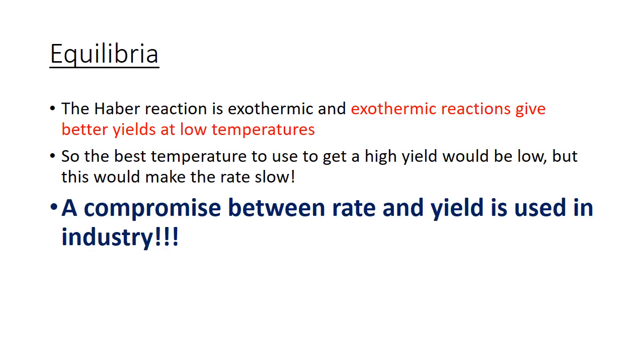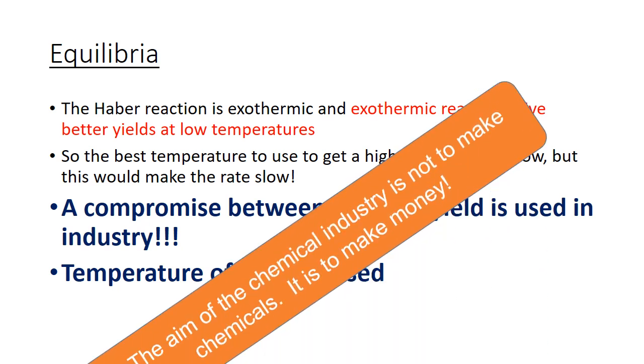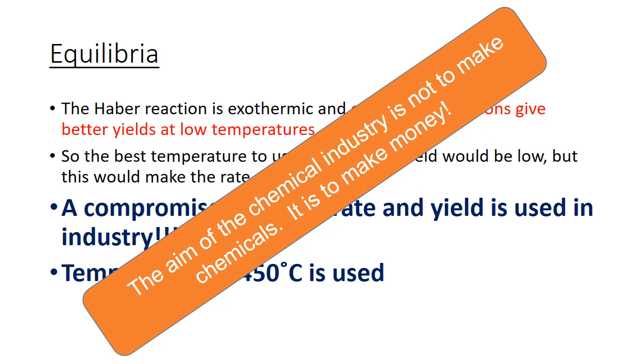So there's a compromise between rate of reaction and the yield in industry. And the compromise is at a fairly high temperature, 450 degrees Celsius. You have to remember that ultimately the aim of the chemical industry is not to make chemicals, it's to make money. So if they can't make their chemicals fast enough, they can't sell them. Hence a compromise.